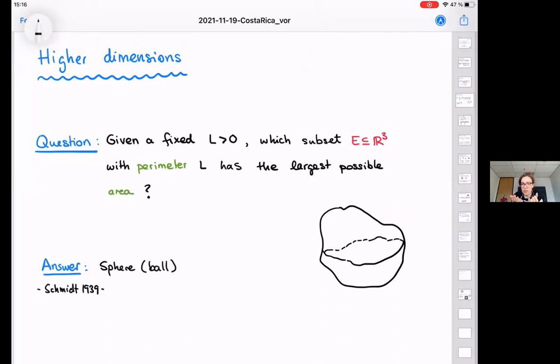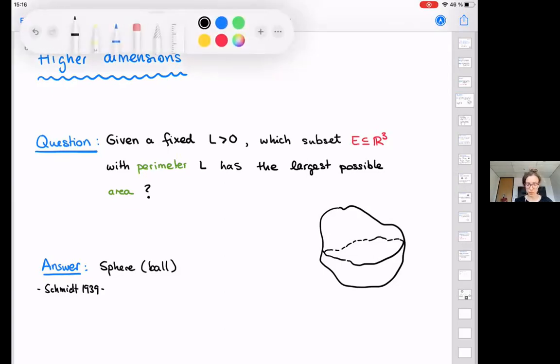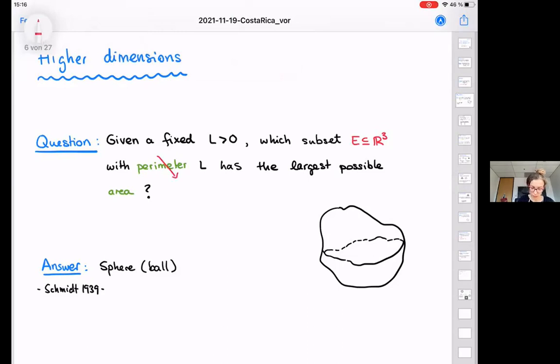How do we call this? It's not the perimeter. Surface. Very good. It's the surface and the surface area in this case. So it's the surface, and the surface has an area. So instead of perimeter, we can fix the number L. Now L is still fixed, but it's not the perimeter, it's rather the surface area.